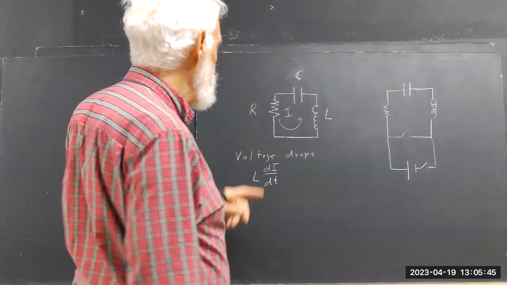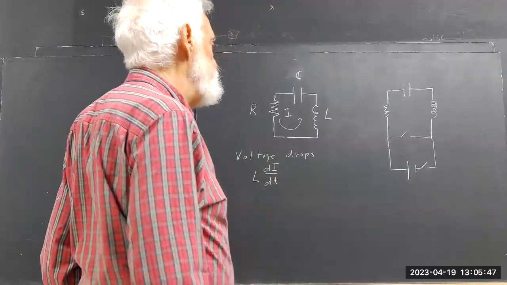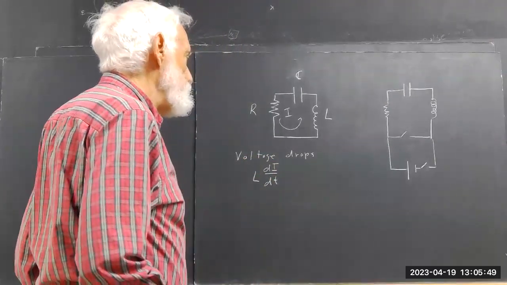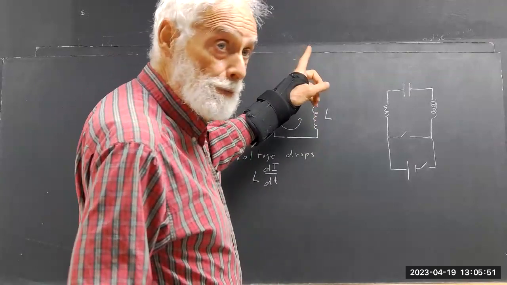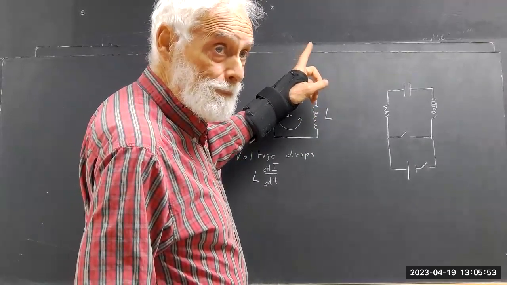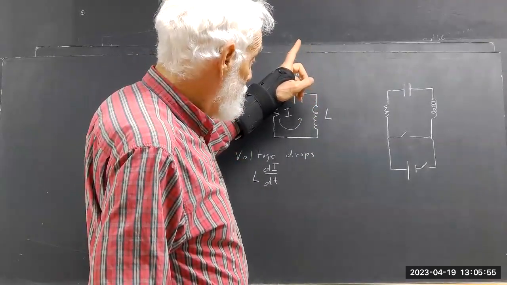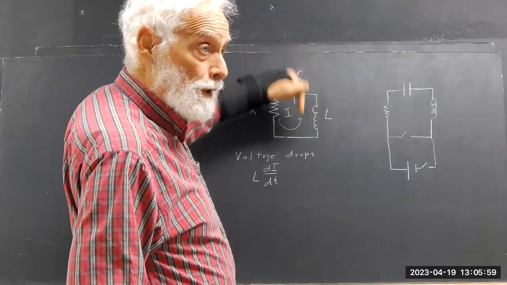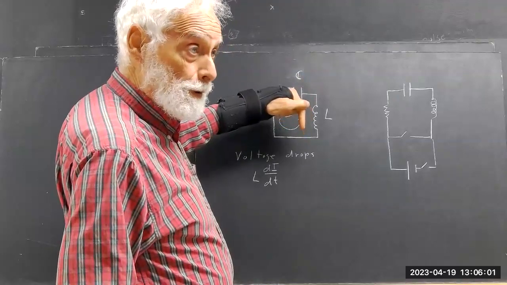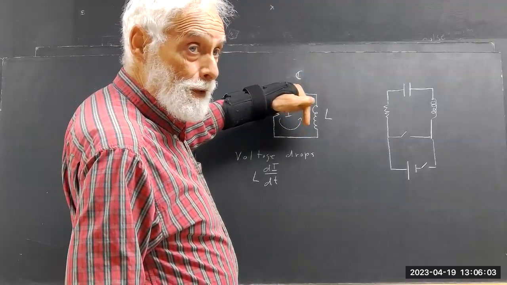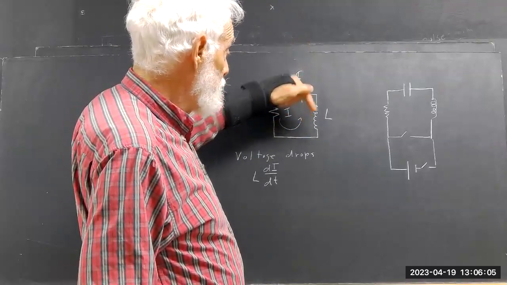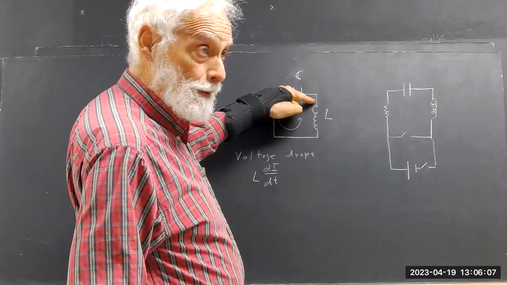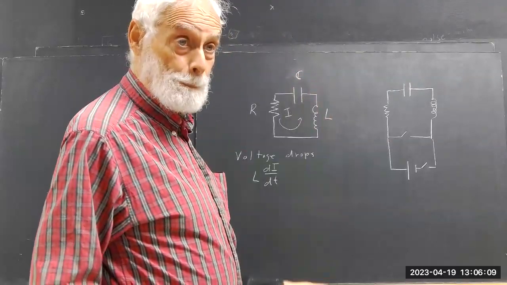And if the current is trying to increase, then you have a voltage pushing this way, positive here and negative here. So you do have a voltage drop.